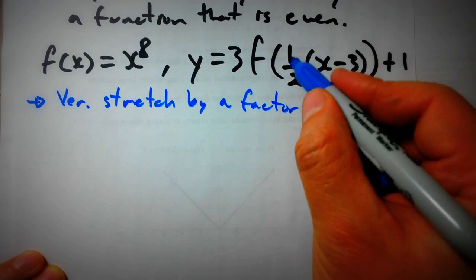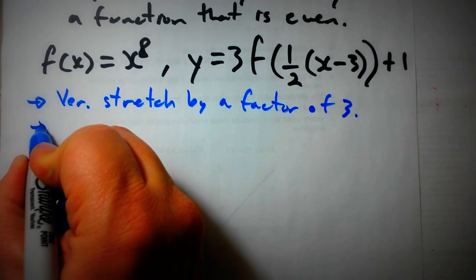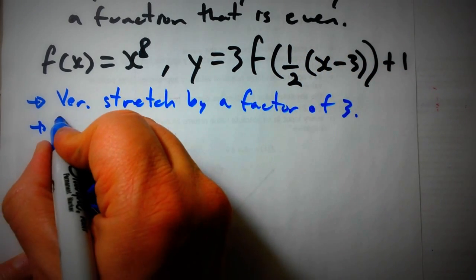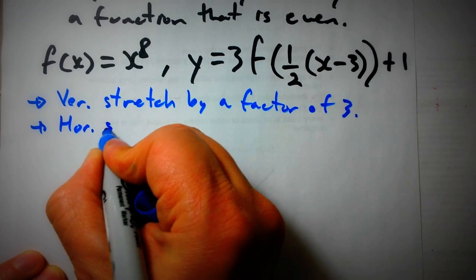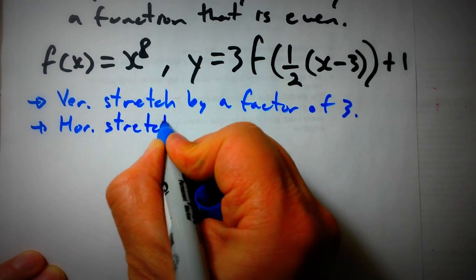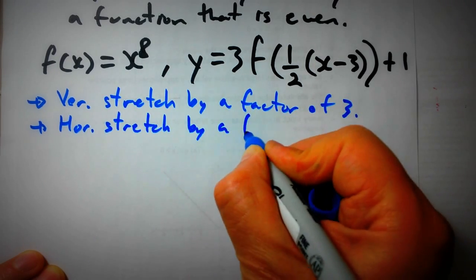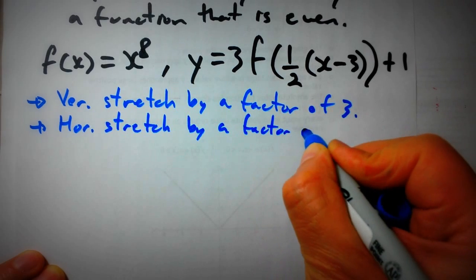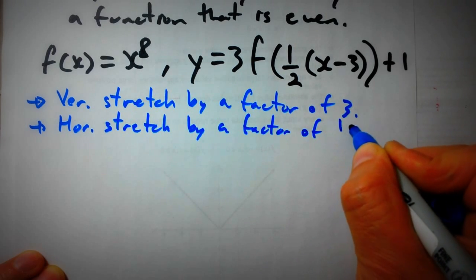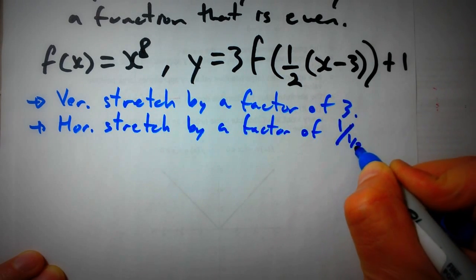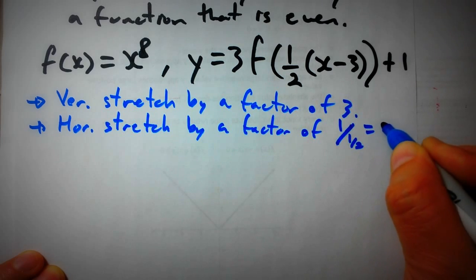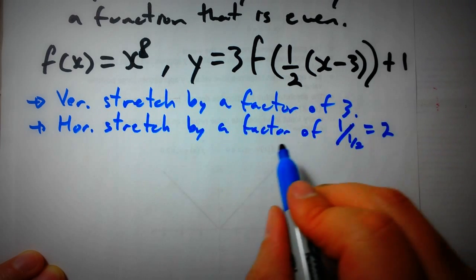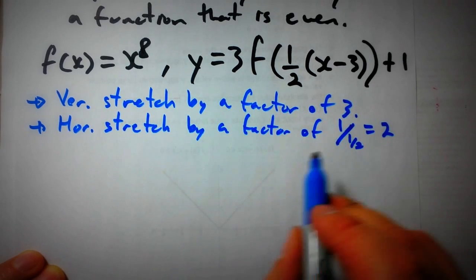In this case, 1 over 2 gives us 2. So a horizontal stretch by a factor of 1 over 2, which essentially gives us 2. Right? So horizontal stretch by a factor of 2.